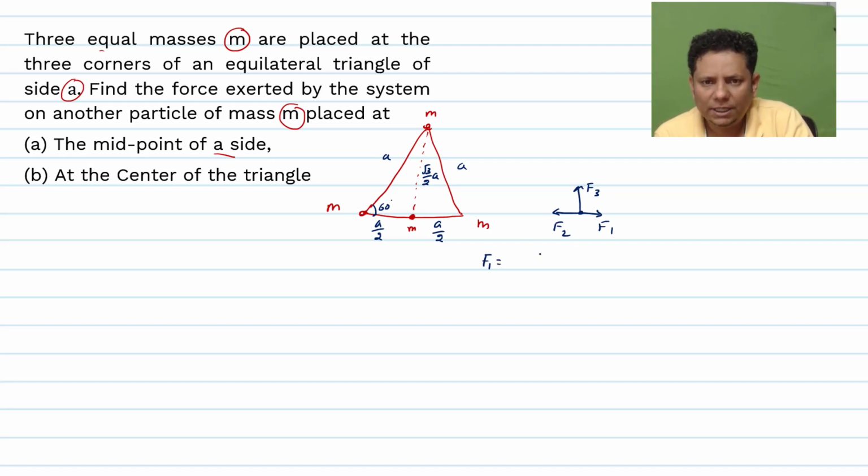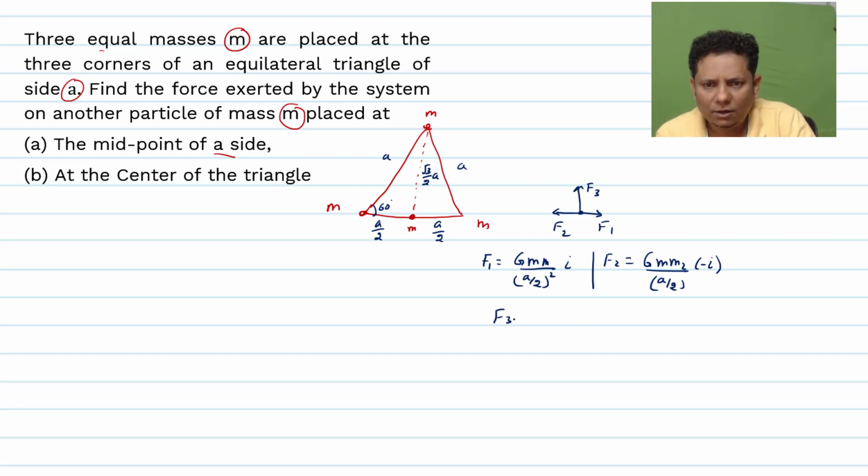F1, the force in this direction, will be G m1 m2 divided by (a by 2) square, i cap. F2, the force in this direction, again doing this vectorially, will be G m1 m2 divided by (a by 2) square, minus i cap. The direction is negative i cap, so they will cancel each other out.